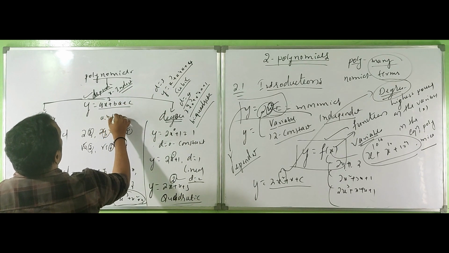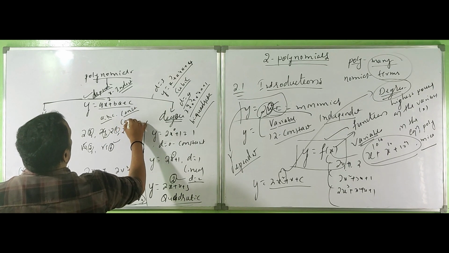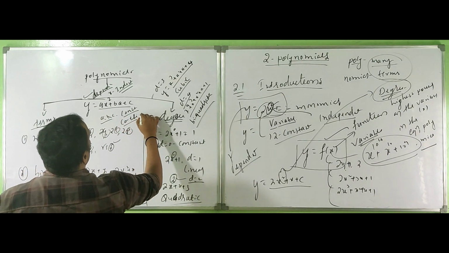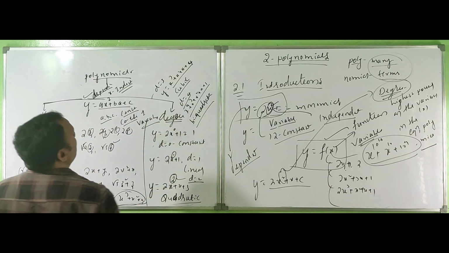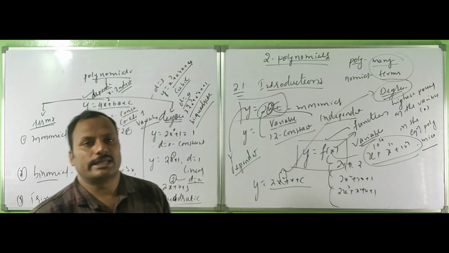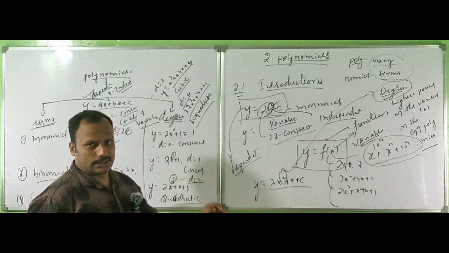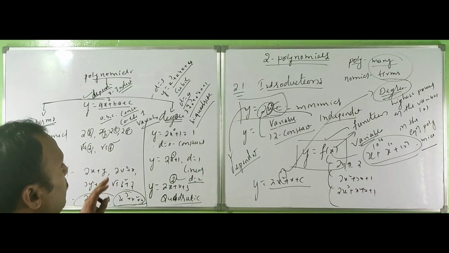A and b are called constants, also called coefficients of the variable. Okay, that's the review, the basic introduction of polynomials.